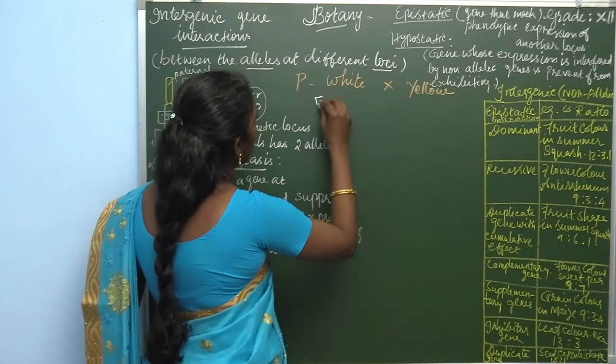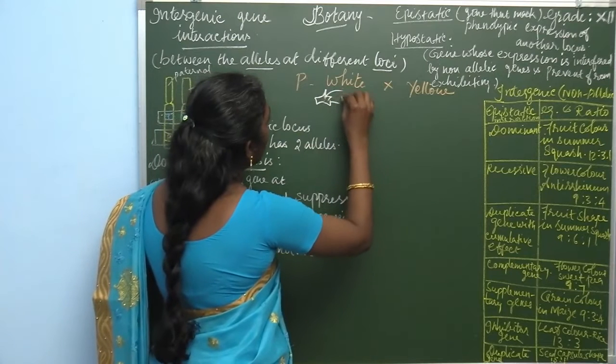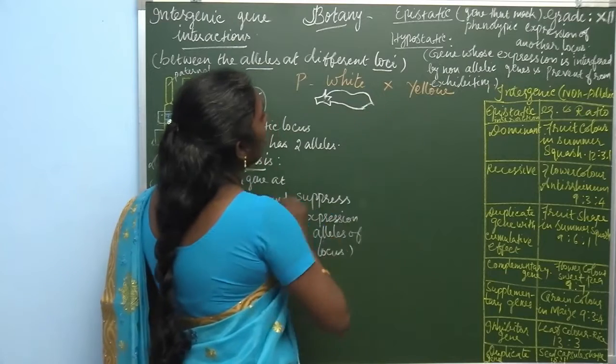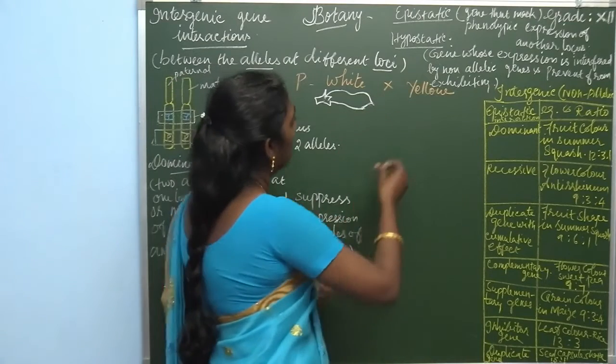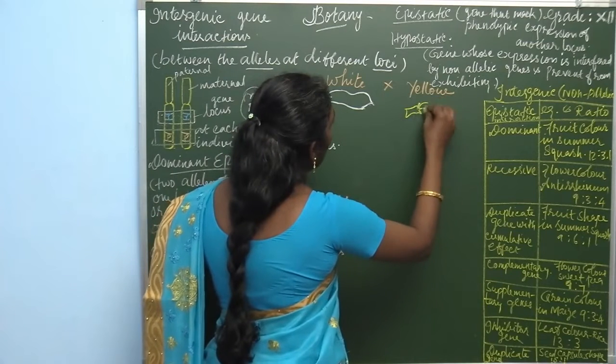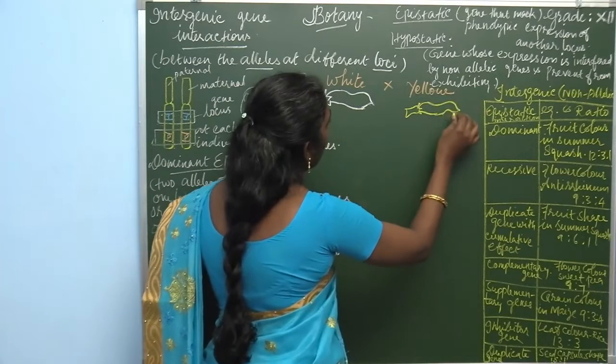Here this is the white fruit, and this is the yellow fruit.